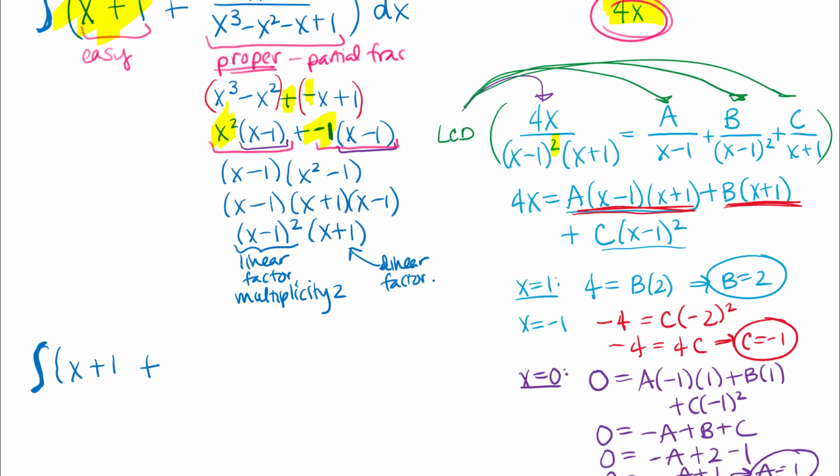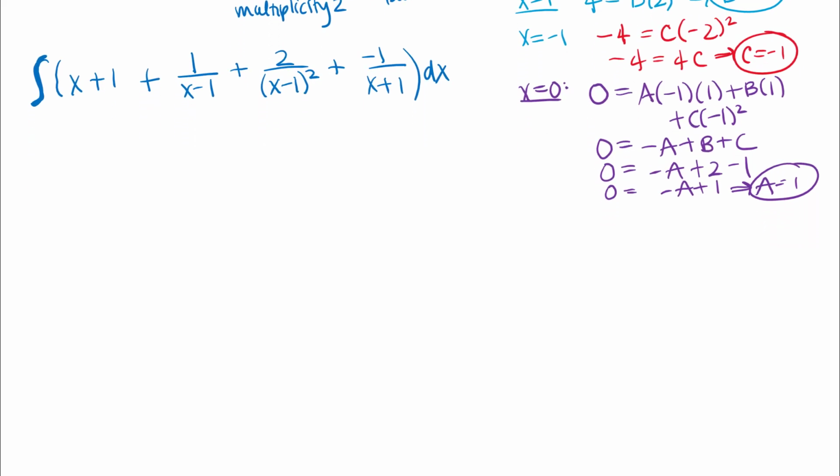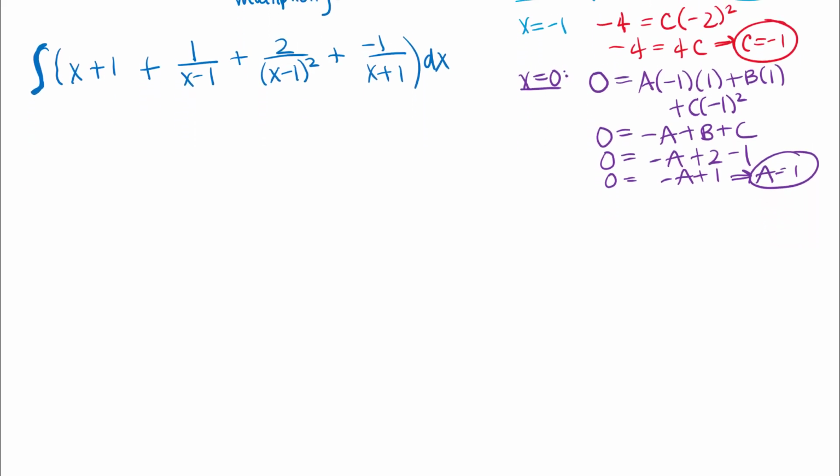For that, a was 1, so 1 over x minus 1, plus my b was 2, so 2 over x minus 1 quantity squared, and then plus c, my c was negative 1 over x plus 1. Okay, so there is my original integral, all broken up into pieces, each of which I think we should be able to integrate fairly easily. Alright, so that's the integral I want to work on now.